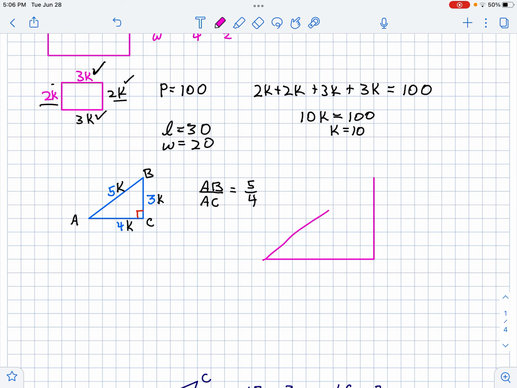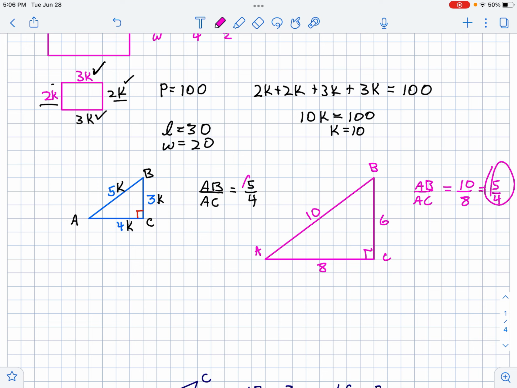And then we've got this up here. So now we've got 8, 6, and 10. So there's another triple, right? We've still got A and B and C, but notice the ratio of AB to AC is 10 over 8, which, if you divide out the 2, is 5/4.